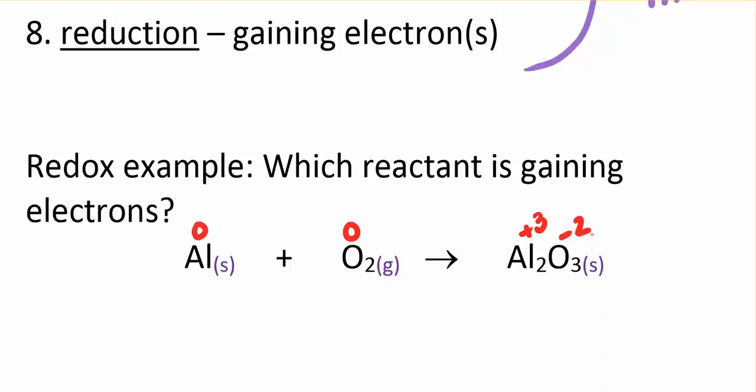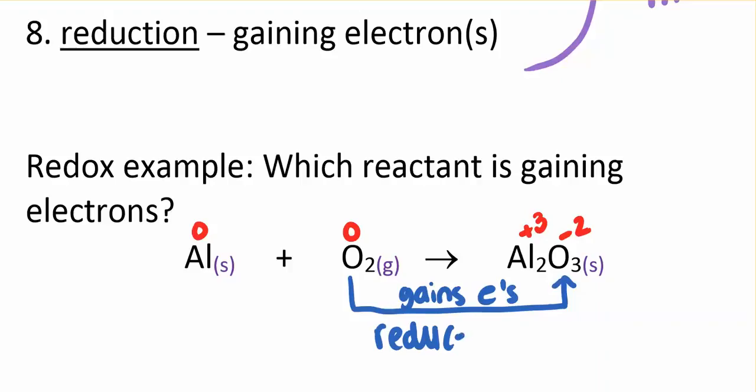So now we can look at the charges and see which element is gaining electrons. Remember, electrons are negatively charged, so we look for the one that is becoming more negative. That one's gaining electrons. That means it's being reduced. So oxygen is being reduced. I like to remember reduction is meaning a reduction in charge.